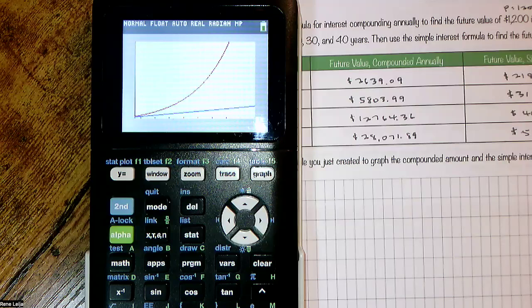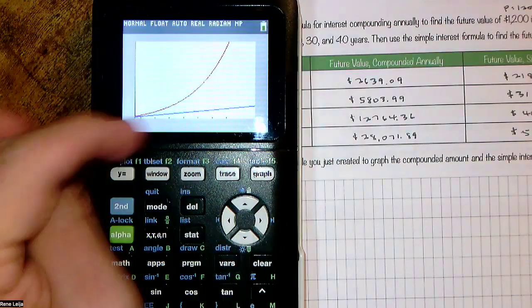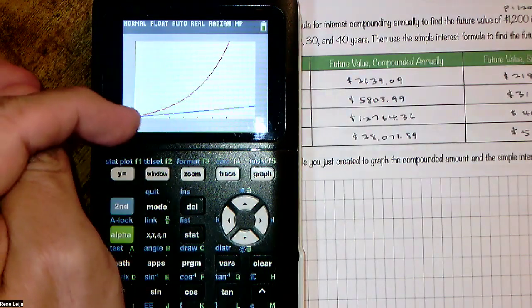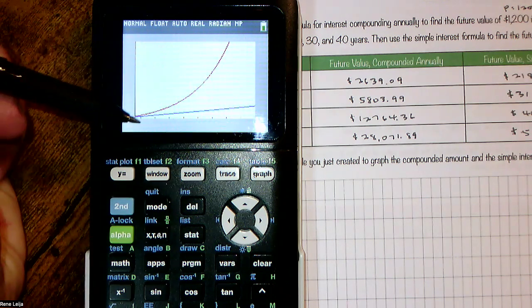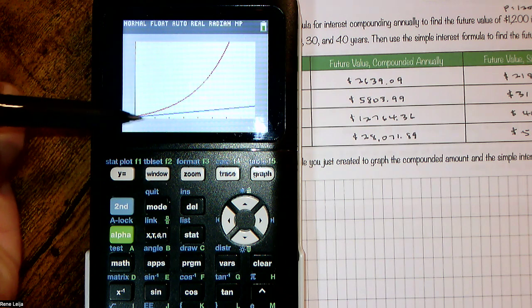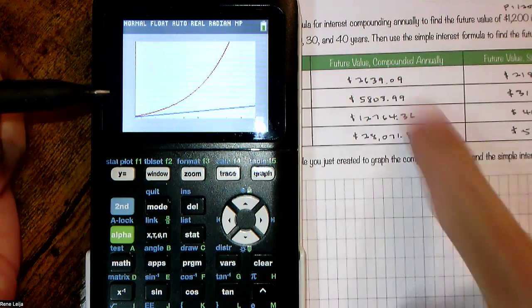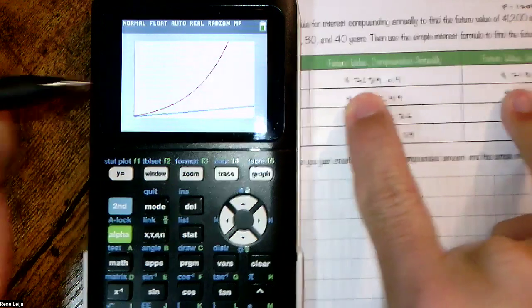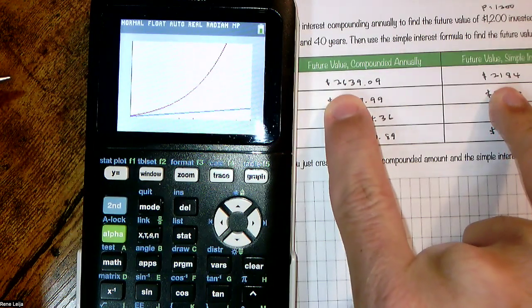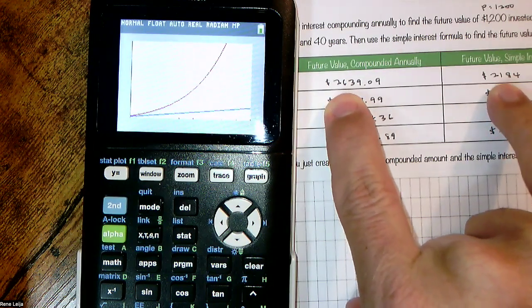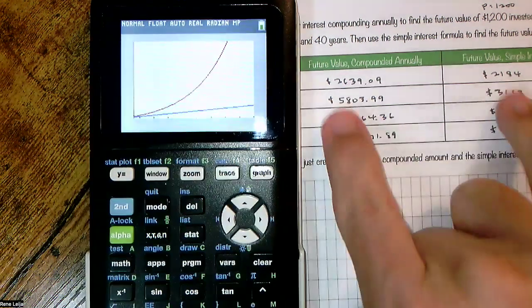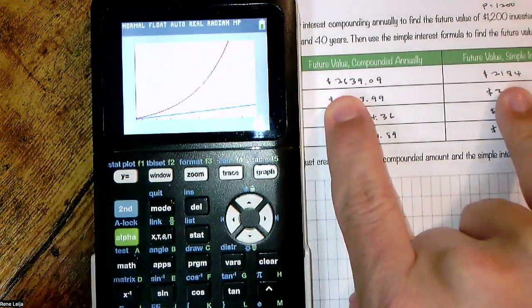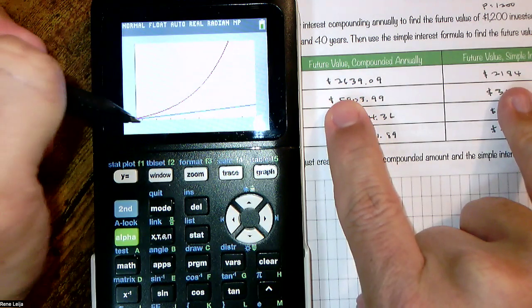So that's linear. And here's your exponential. Over time, you can see that it doesn't change much at first. After 10 years, the difference is around 500, or 400, something like that, between these two amounts. So there is going to be a little bit of a difference.